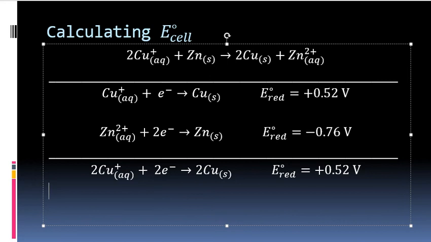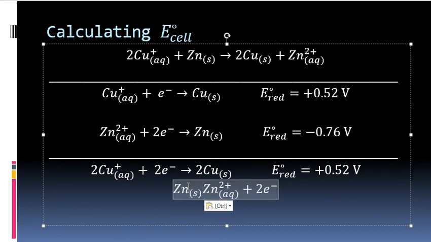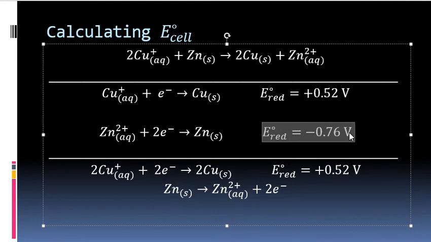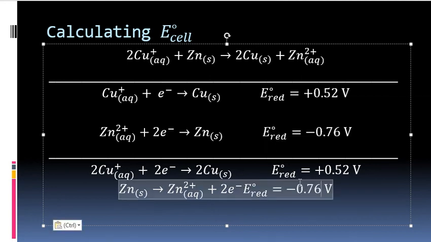Here's how this will look. Now let's get solid zinc up in front, right there. Boom, cool. Now here's the thing, we just flipped the reaction around, so we are no longer reducing zinc 2 plus, we are actually instead oxidizing it.